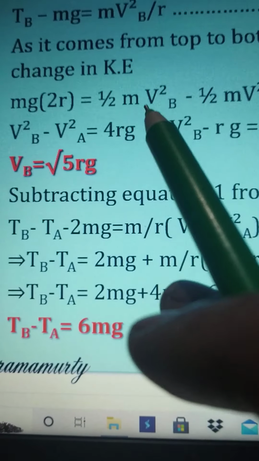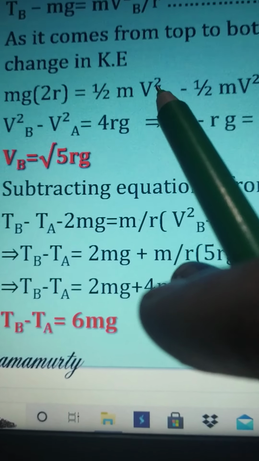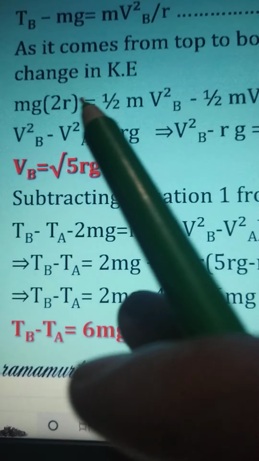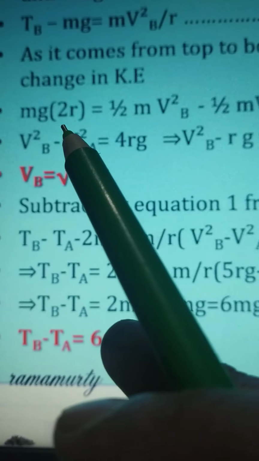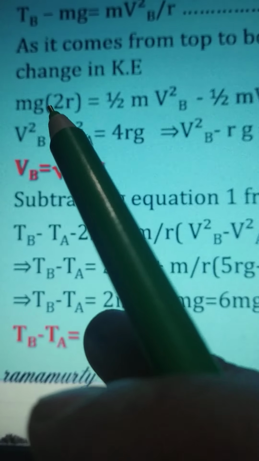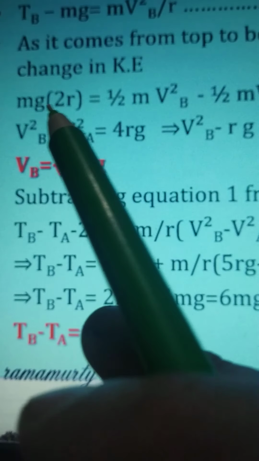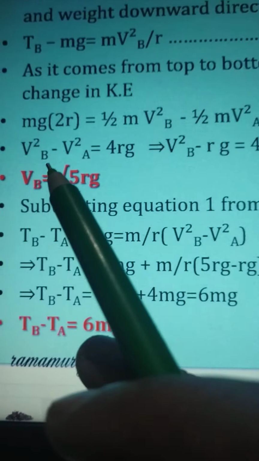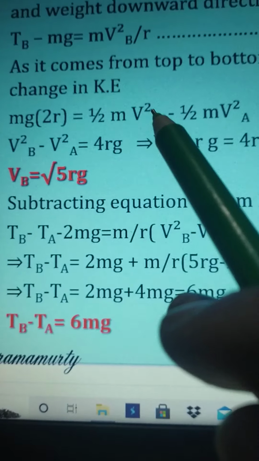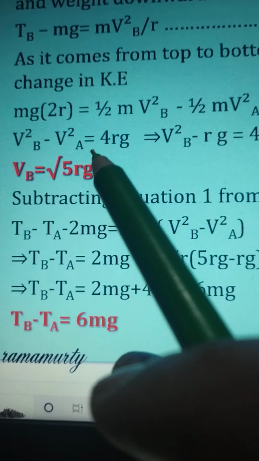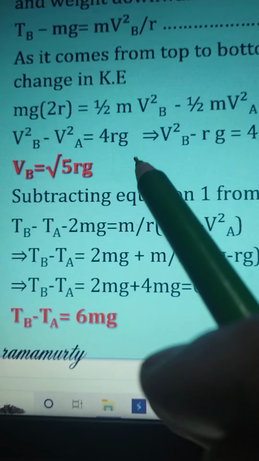So here half m v square is the formula for kinetic energy, and mgh is the formula for potential energy. Here the height is 2r. So we get the expression v_B square minus v_A square is equal to 4rg.